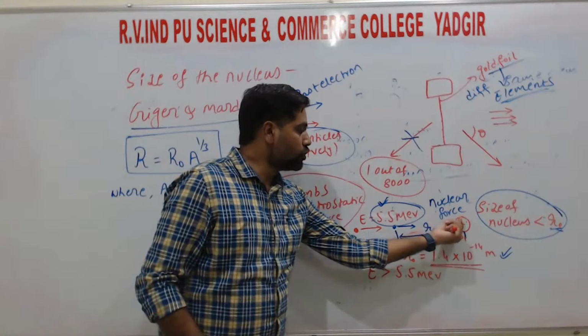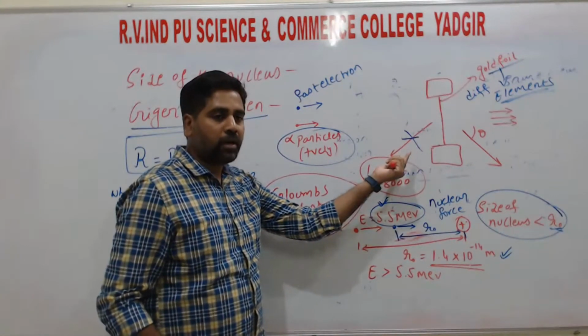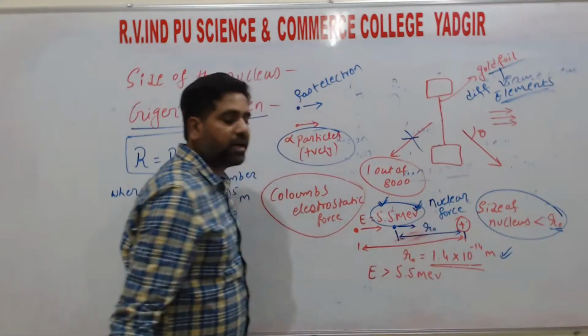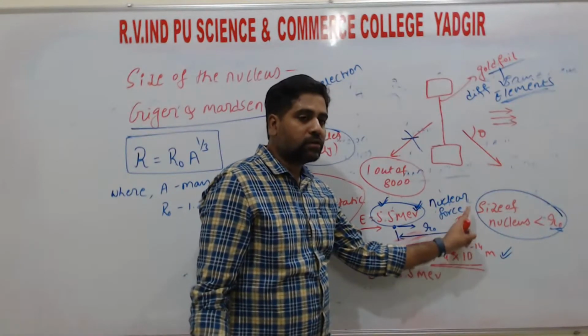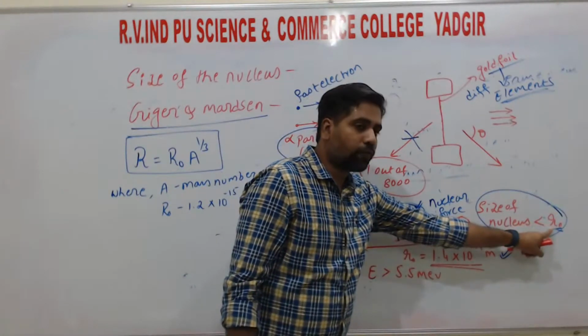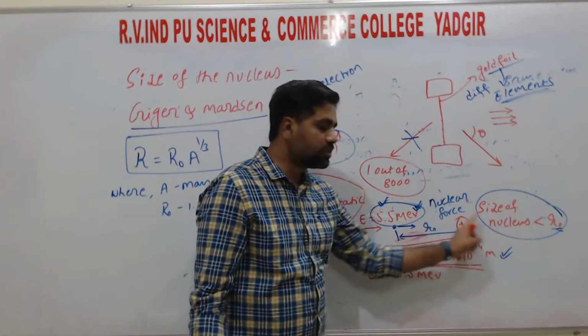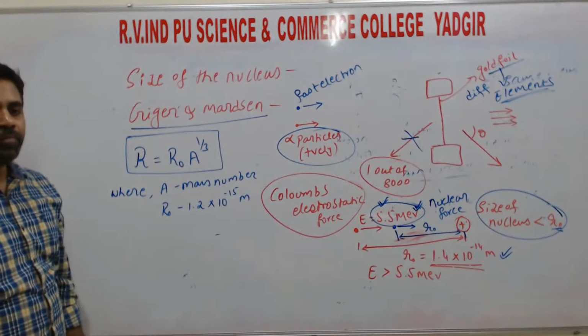Then, due to the nuclear force, backward scattering is not possible. So for that he considered this energy sufficient. He also concluded that the size of the nucleus is smaller than the distance of closest approach. That is, the size of the nucleus is less than 1.4 into 10 to the power of minus 14 meter.